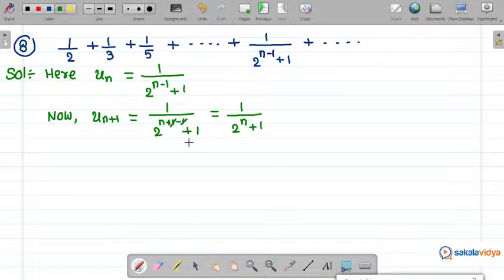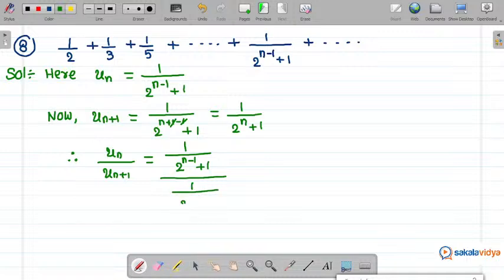So, next what do you get now here? Therefore, find un by un plus 1. So, un means 1 upon 2 to the power of n minus 1 plus 1 divided by un plus 1, 1 divided by 2 to the power of n plus 1.